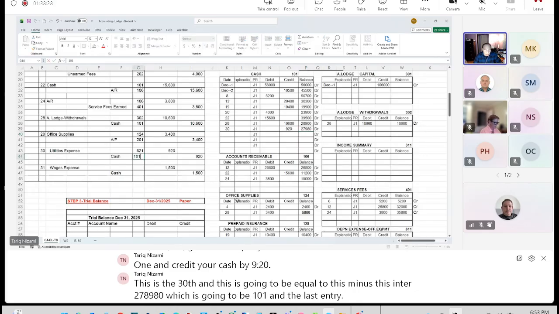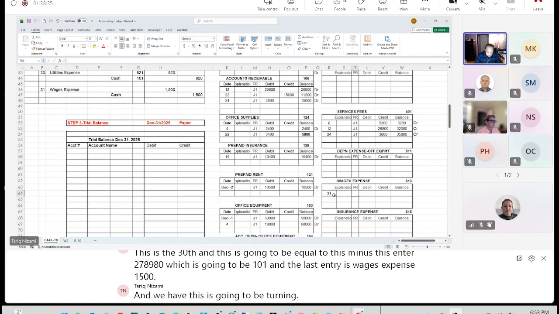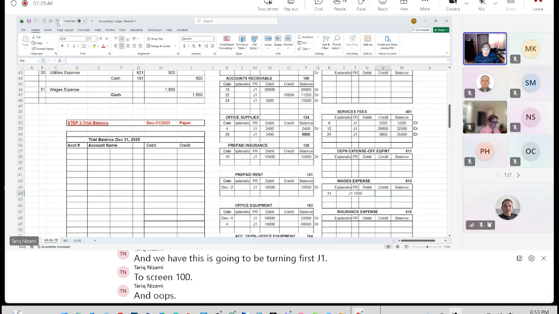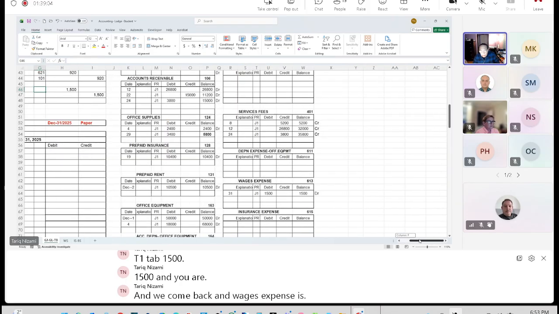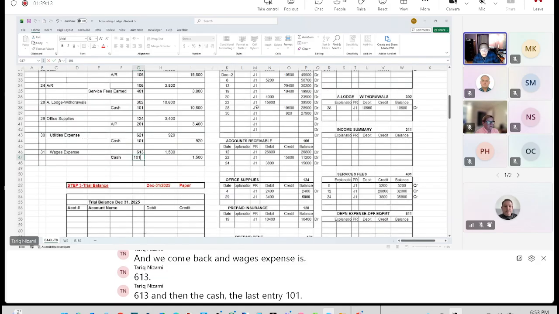And the last entry is wages expense 1,500. And this is going to be the 31st, J1, 1,500, DR, and we come back and wages expense is 613, and then the cash, the last entry 101 is 1,500.